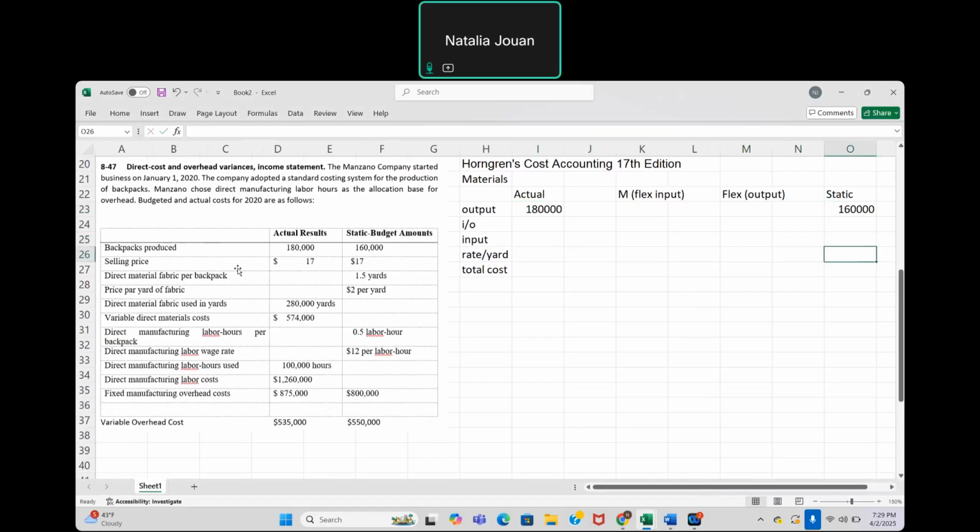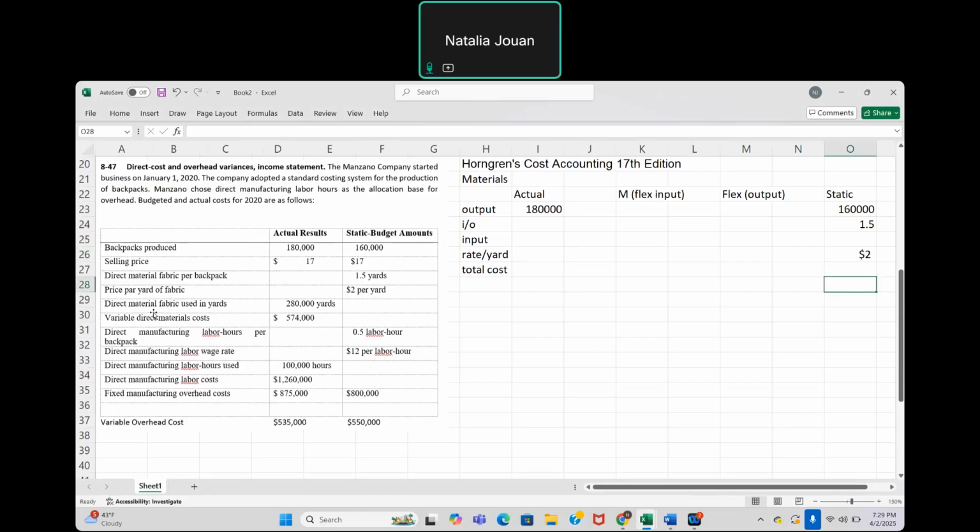What we're looking for is material information. 1.5 is the fabric per backpack, input per output. That's in the static, 1.5. Price per yard of fabric. So the rate per yard is 2. That's the budgeted number.